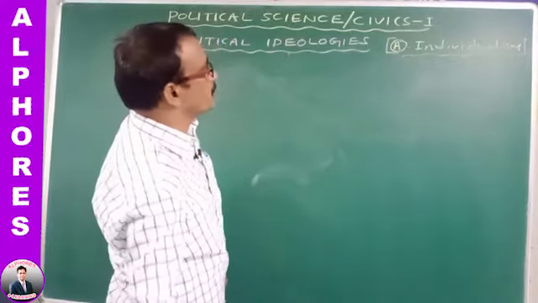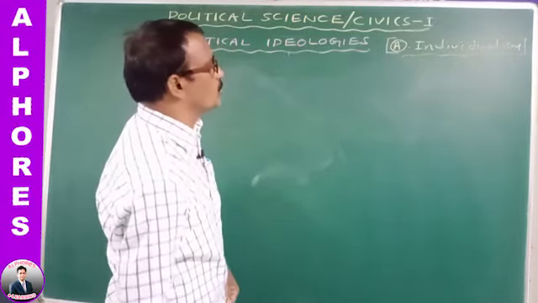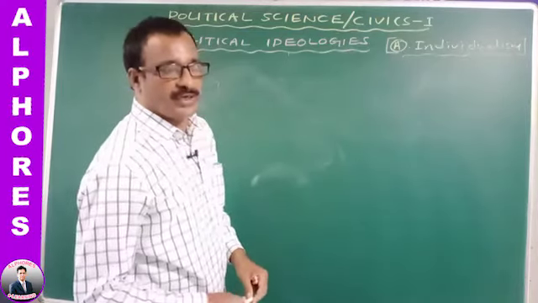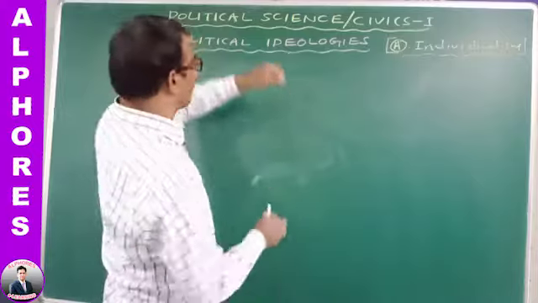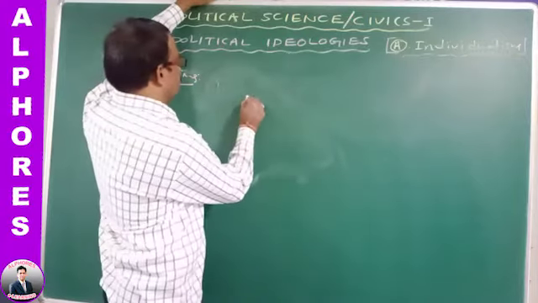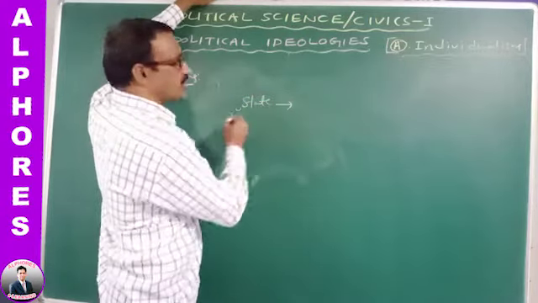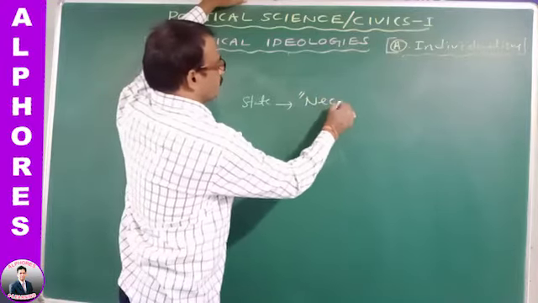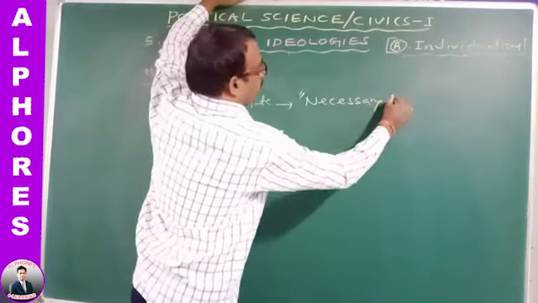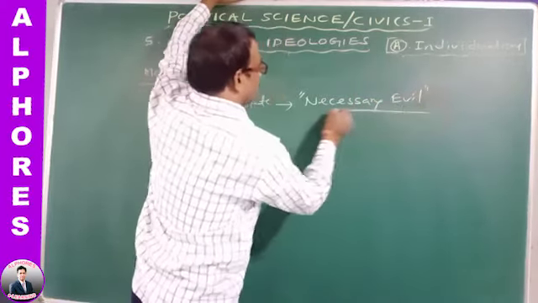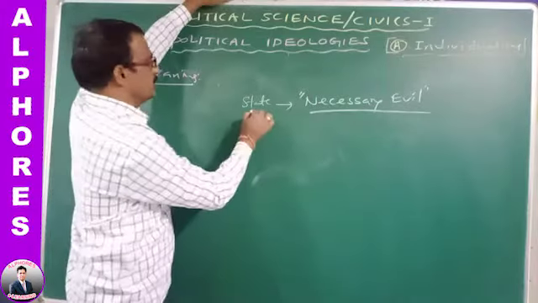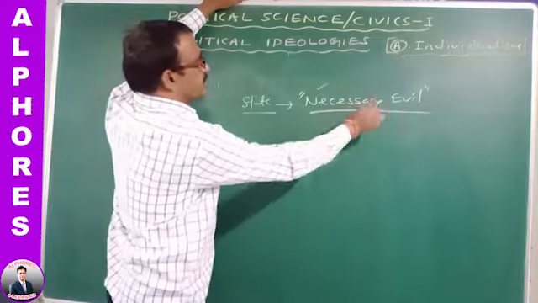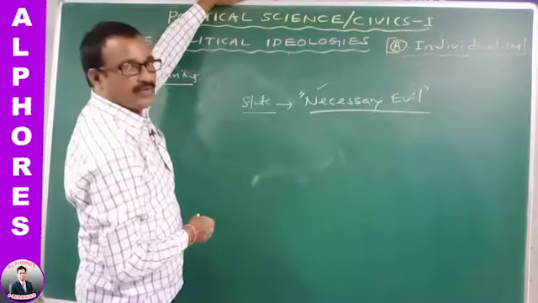Individualists are the political philosophers who developed the individualism theory. According to them, what is the state? The state is a necessary evil. Individualists said that the state is a necessary evil. Why is the state necessary and why is it called evil?